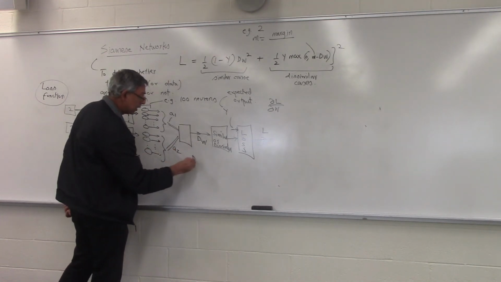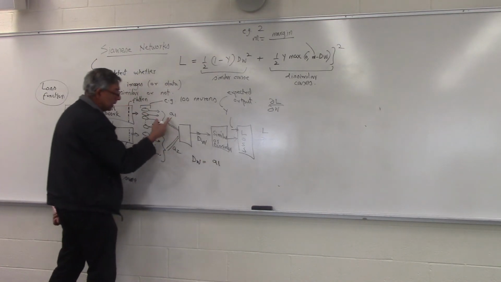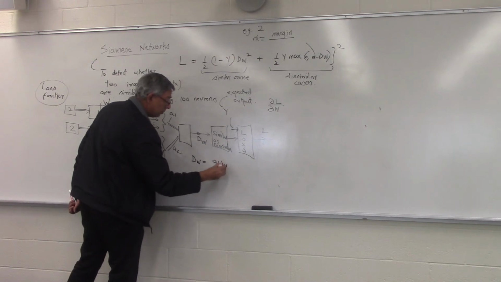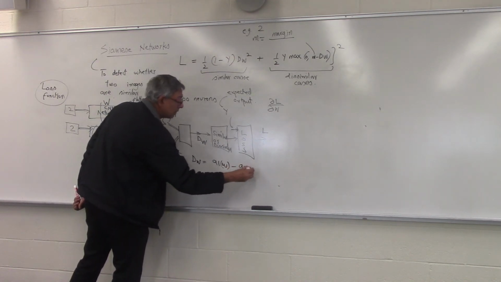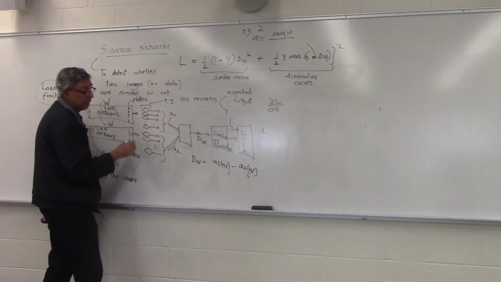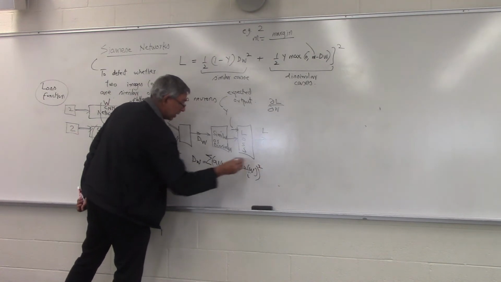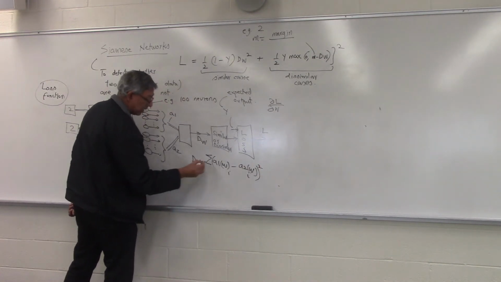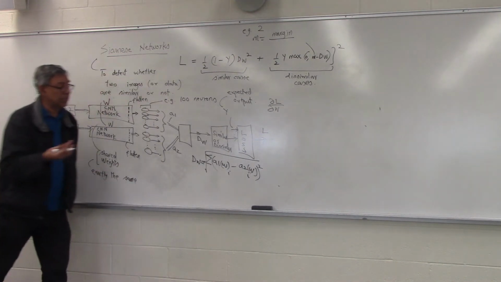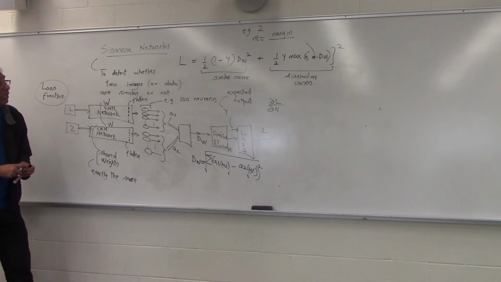So dW will be A1, pretend A1 is a function of the weights, so A1 of W minus A2 of W, and if we have 100 outputs, we need to sum over all the 100. We take the square and then the square root. That's the regular definition of distance, nothing special over here, right?